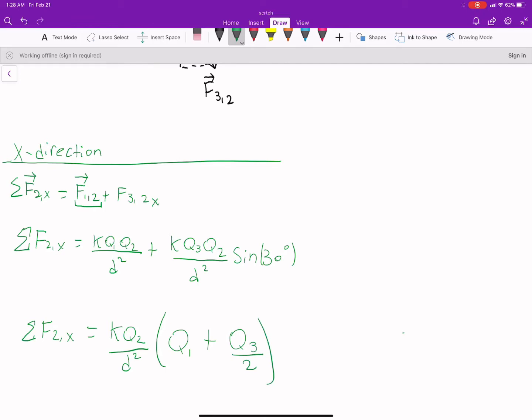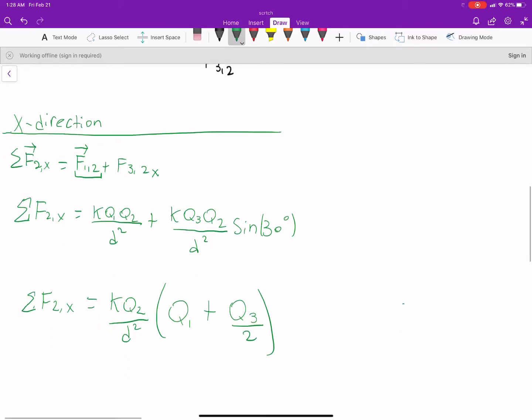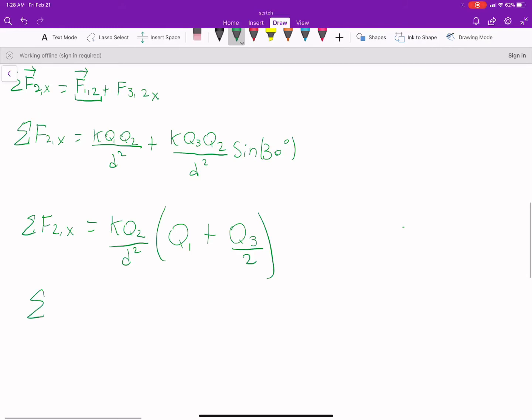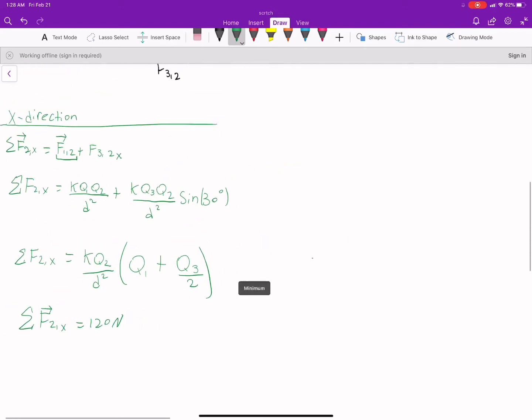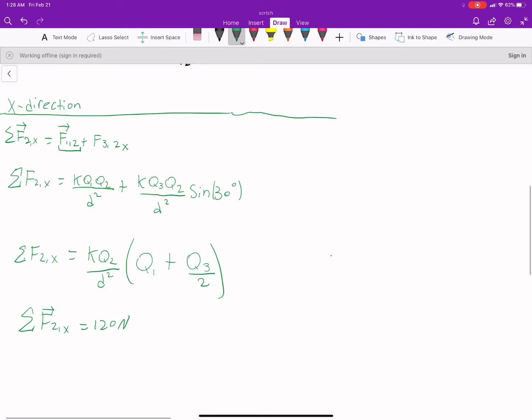So if we just plug this in, let's see, you will get 120 newtons. But we're also interested in the Y direction. So let's analyze that.